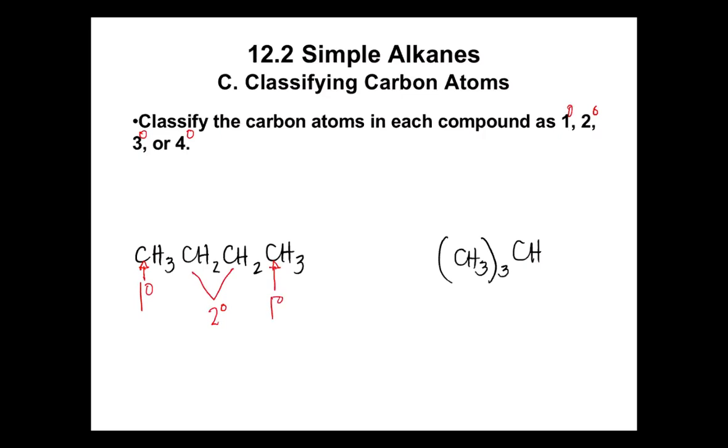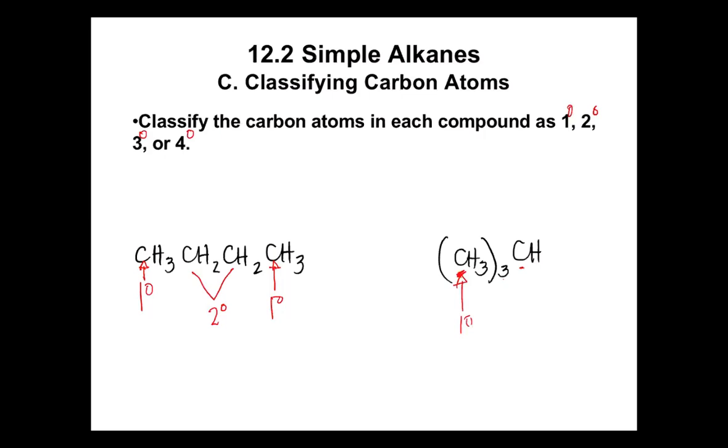Okay? And then for this condensed formula, if you recall, itong tatlong carbon atoms na to, nakabond sa isang carbon. But if you look at them independently, they are primary carbons. Kasi if you draw the complete structure ng molecule, you will be able to observe that these carbon atoms are bonded to only one carbon atom.